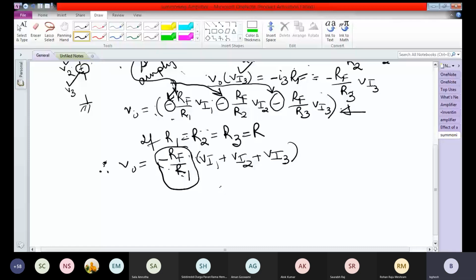This is how the operational amplifier can be used to do simple mathematical operations, just like adding voltages. But it can perform many other operations as well, not only mathematical ones. We already saw some, like the inverting amplifier, and we'll see some more.